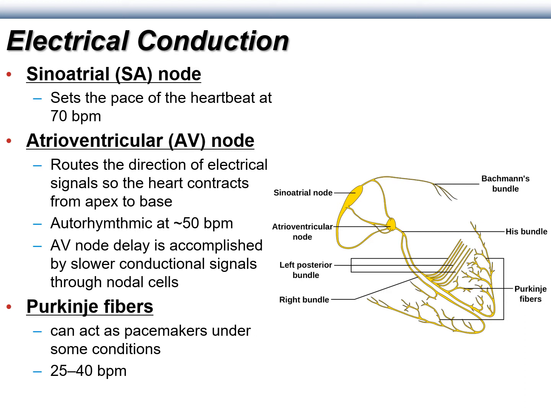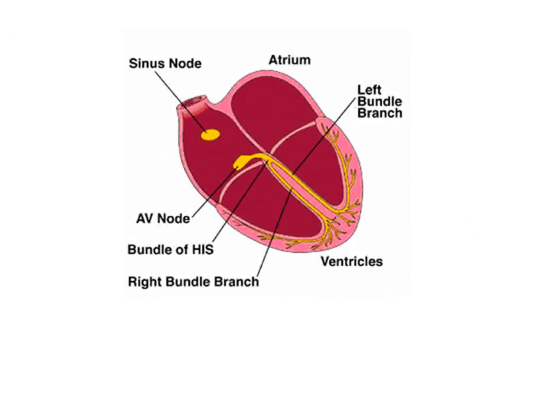So if we have some sort of failure here, maybe there's an infarction or something, we have loss of conduction here, the ventricles will still fire off, albeit at a much slower pace. If they fired off at a faster pace, that would screw things up, because then you might have a conflict of signals. That's why it goes from fastest to next fastest to slowest, because otherwise it could cause problems.